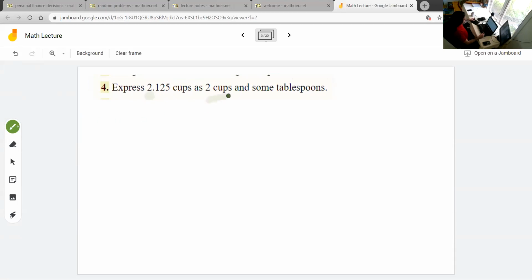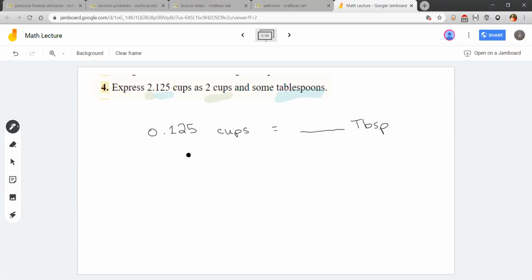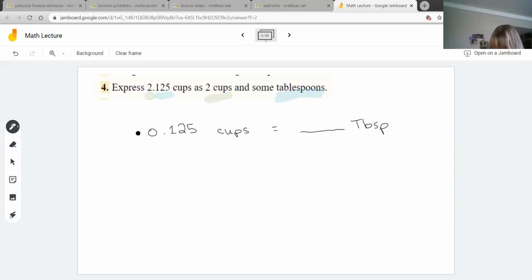We don't do anything with those two cups. Then we also have the 0.125 cups, and that's going to turn into the tablespoons. So what this problem is actually asking is 0.125 cups is how many tablespoons? Everyone understand my setup? When I'm done, I'm just going to stick a 2 in front of it for the 2 cups.